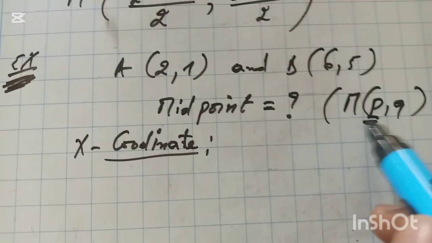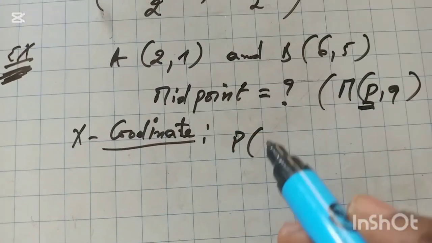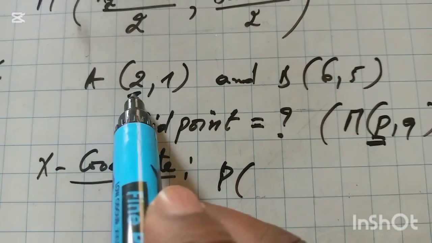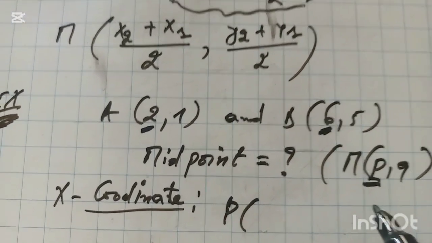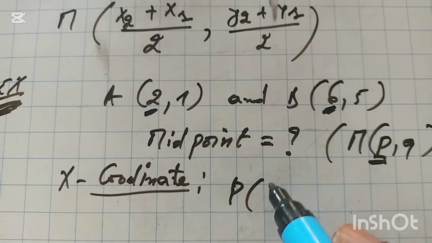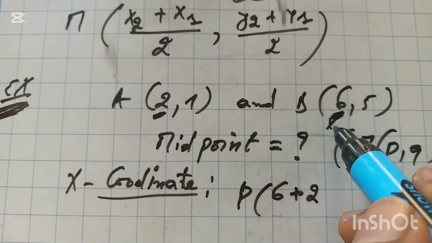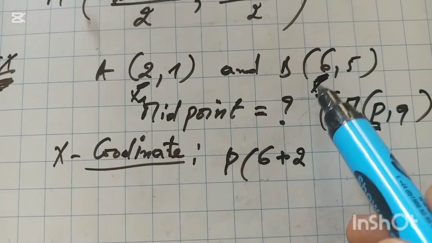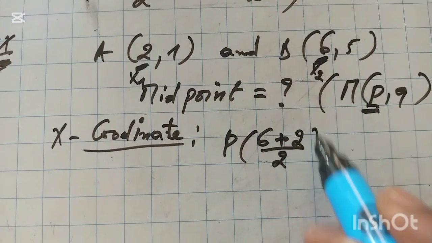My P as the x coordinate will be, this is my x1, this is my x2, so I have 6 plus 2, then divided by 2.